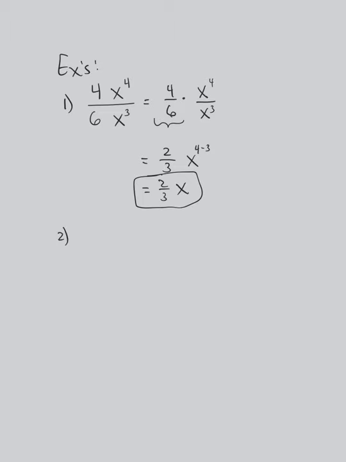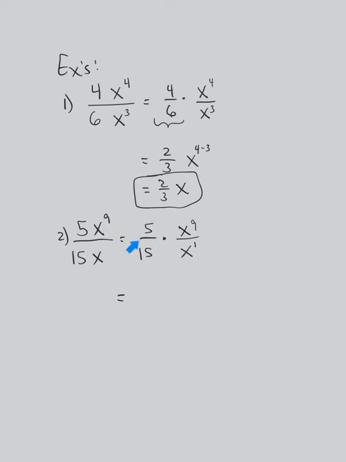Then I could have something like 5x to the ninth over 15x. Again, we group together our numbers, 5 over 15, times x to the ninth over x. Just remember, since my exponent's not written, that's really a 1, to help you remember what to subtract. Now here 15 does divide by 5, but we're not doing 15 divided by 5.